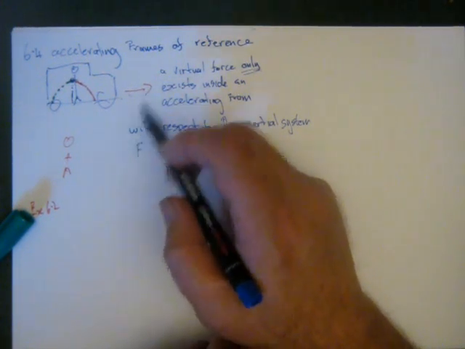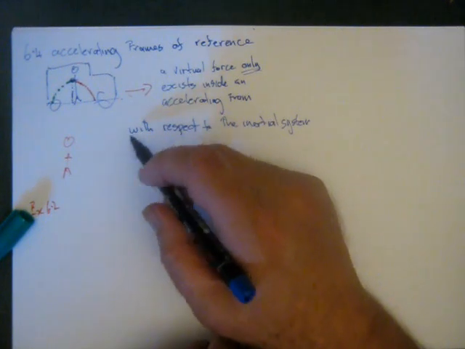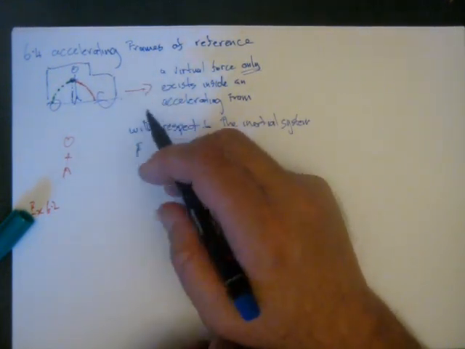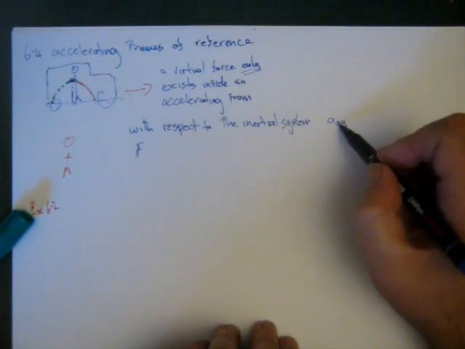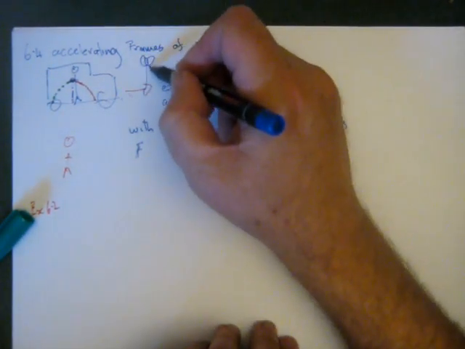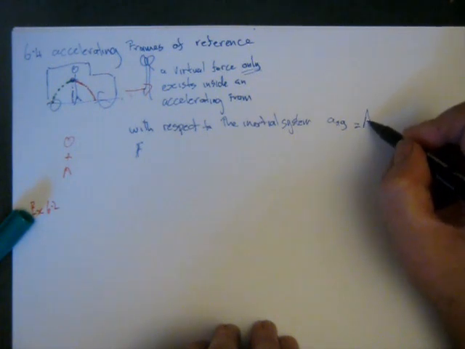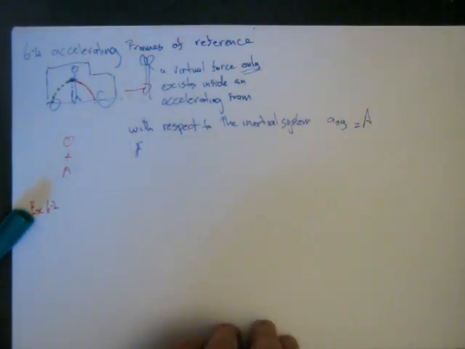Let's say that the van has got acceleration ASG, so A of the van compared to the tree. We'll call that just big A because we can.